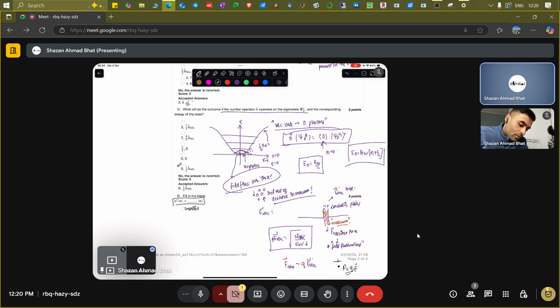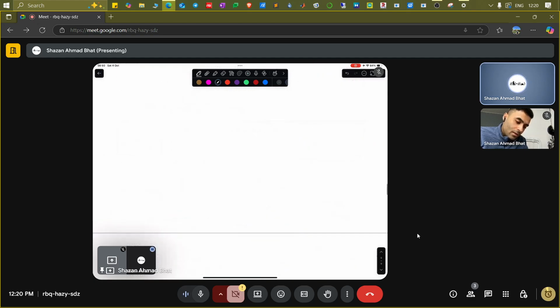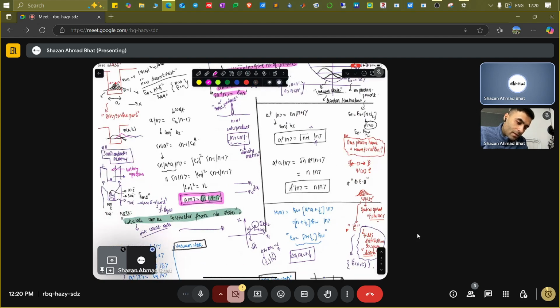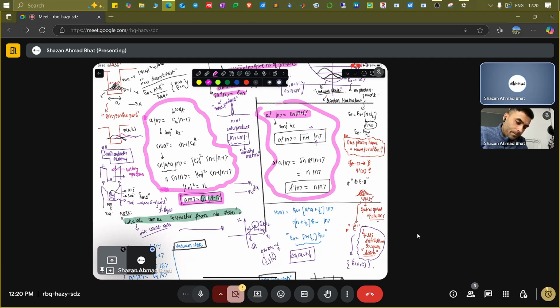So, okay, if you have a creation operator operating on a number state, it's going to give you square root of n plus 1 as the eigenvalue. Okay, how does it come up? It comes up like this. This is the exact derivation of annihilation. Similarly, it goes for the creation operator.